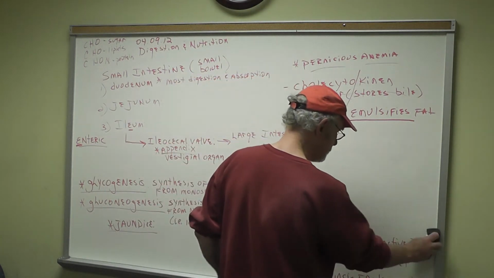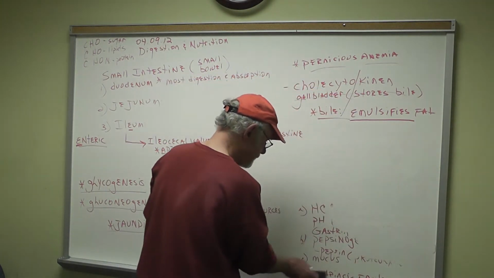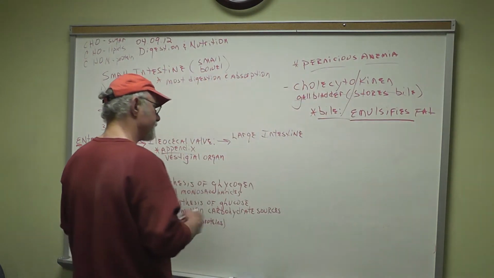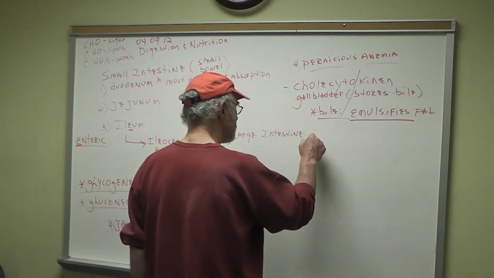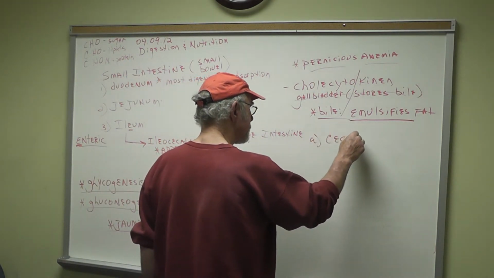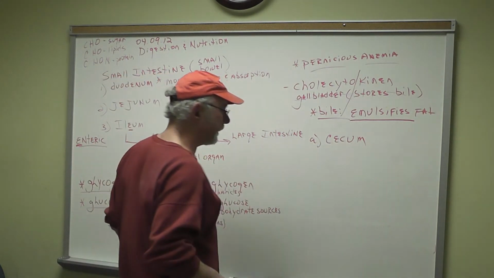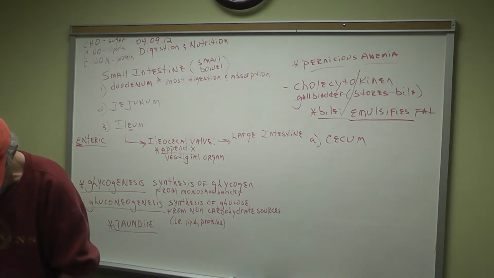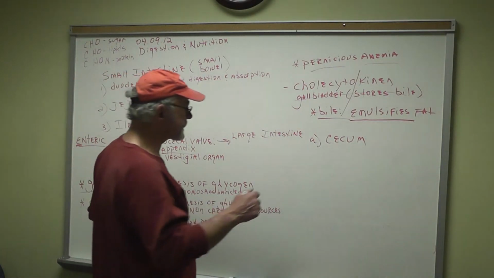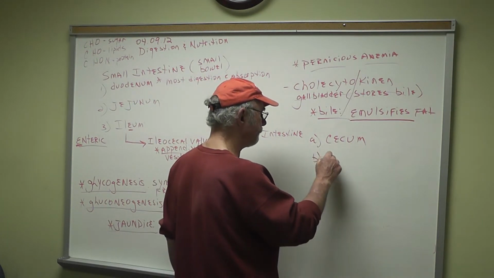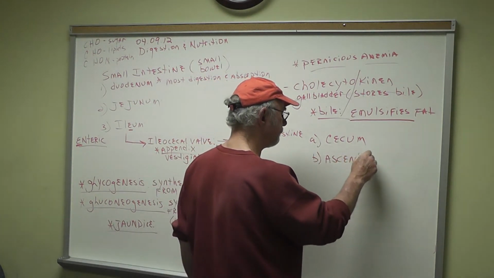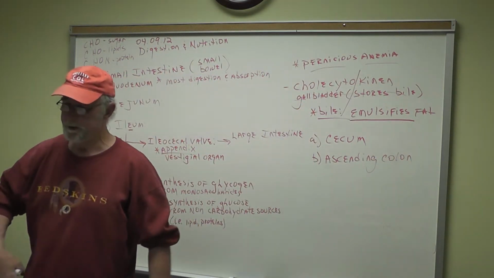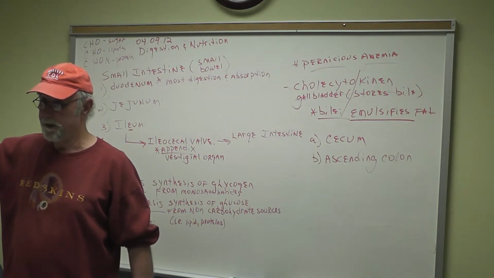All right, in the large intestine, right past the ileocecal valve, the first division of the large intestine is the cecum, hence the name ileocecal valve, all right? Okay, then you have the ascending colon. All right, now if you looked at me, the ascending colon is on my right side.